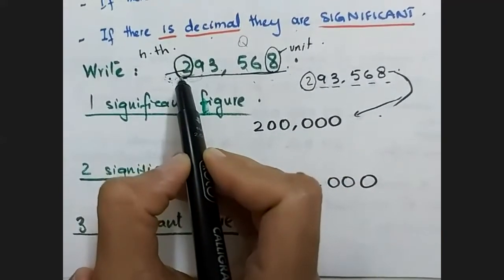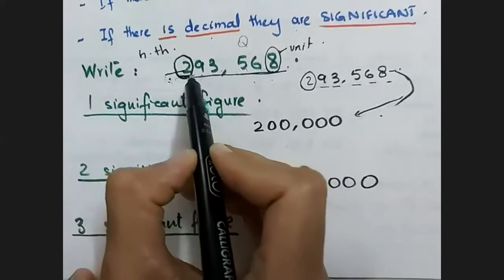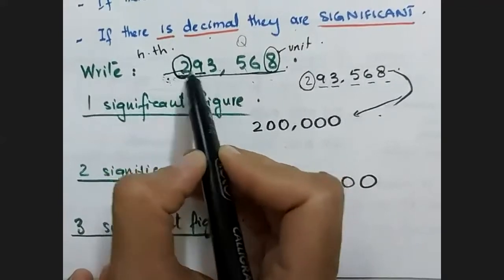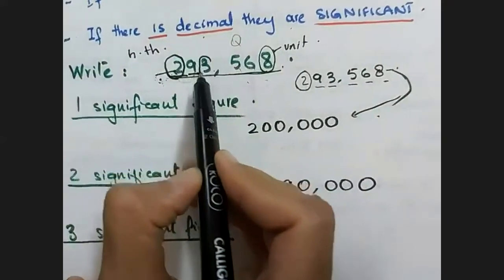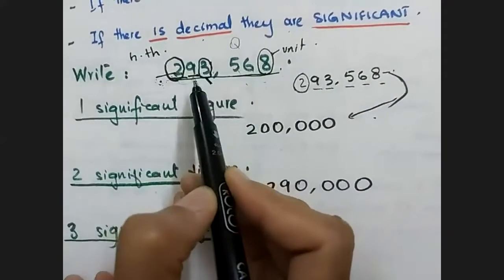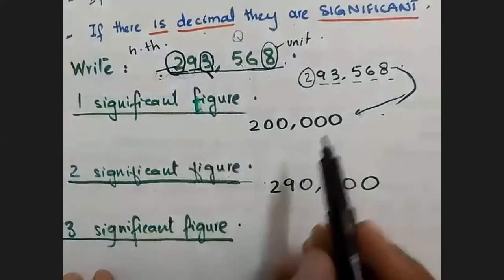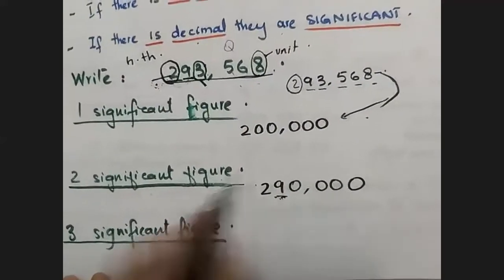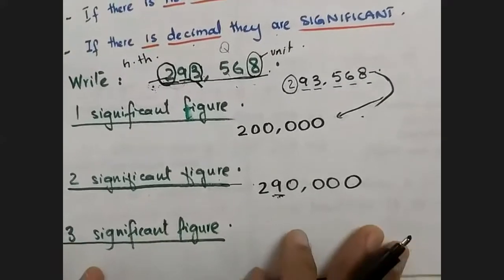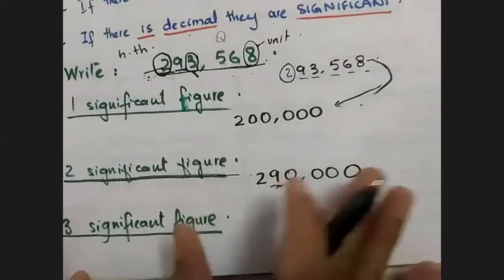Thank you very much. That's correct. So 2 and 9, I will keep these 2 and 9 because I want two significant figures, and then I will check the next digit. It's less than 5. So this digit 9 will stay the same and the rest of the digits will stay 0. Okay. Now who will round it off to three significant figures?